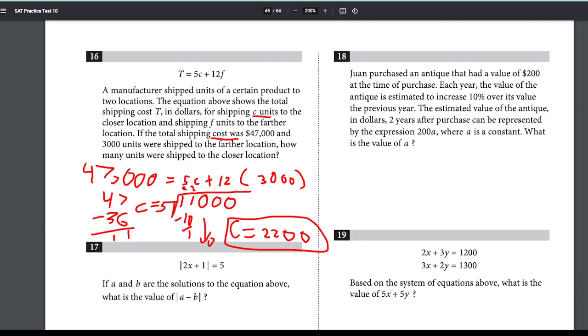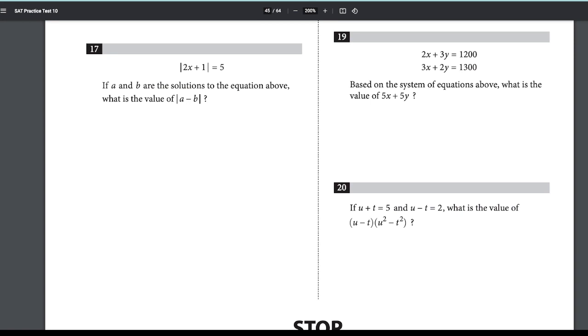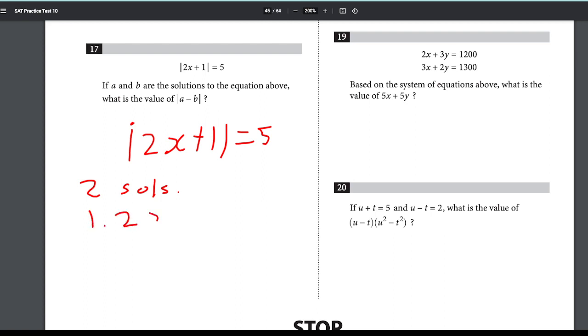17. Here we are. If A and B are solutions to the equation above, what is the value of the absolute value of A minus B? Okay. So what are some possible solutions? Well, anytime you have an absolute value, like the absolute value of 2x plus 1 is 5, you have two solutions. The first one is that 2x plus 1 equals 5. And I believe our second one is negative 2x plus 1 equals 5.